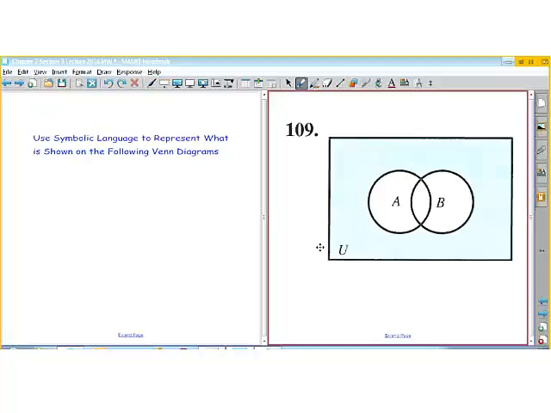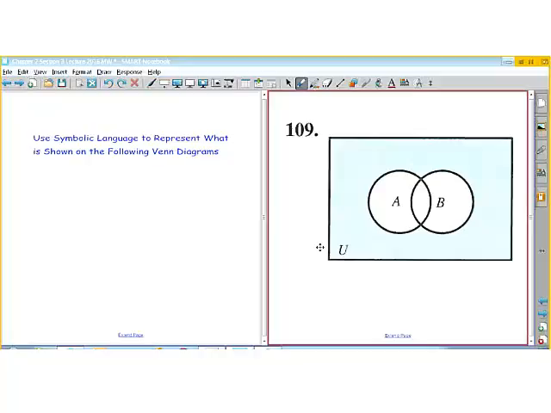Pardon me? Who said that? Oh, okay. What'd you say? No. What haven't we used? Union prime, yeah. So the light blue would be the prime of A union B, right? So if the white is A union B, then everything outside of there has to be the complement of that.